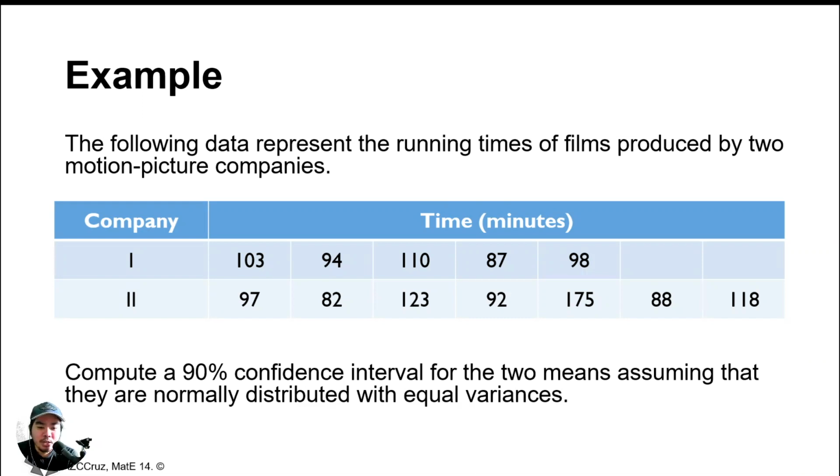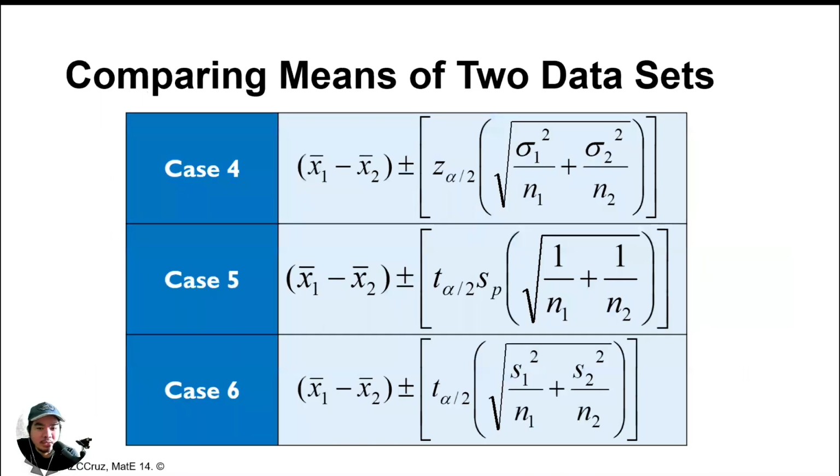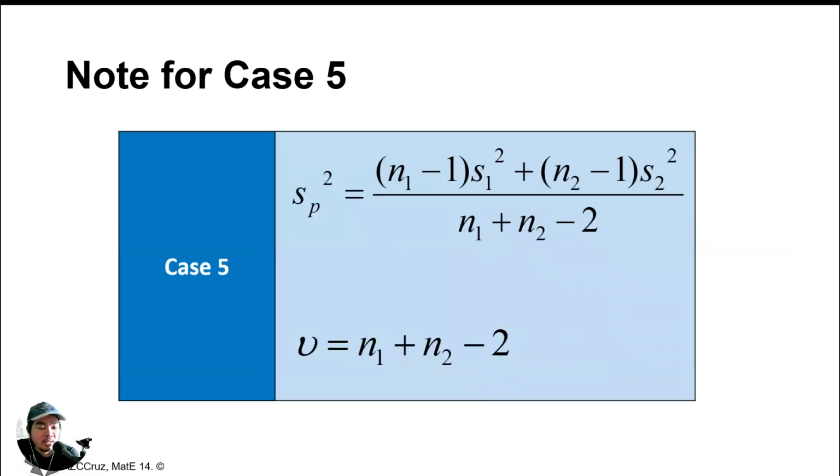So compute for a 90% confidence interval for the two means assuming that they are normally distributed with equal variance. So ito, equal variance, normally distributed. This is case 5. That's correct, no? Walang known variance na binigay, pero alam natin na equal sila or approximately equal. So, kailangan lang natin mag-compute ng pooled variance para sa case na ito, no?